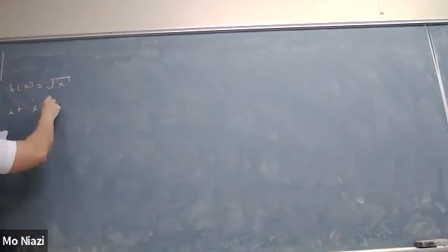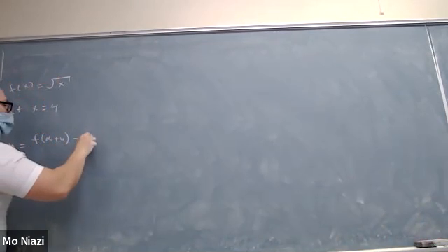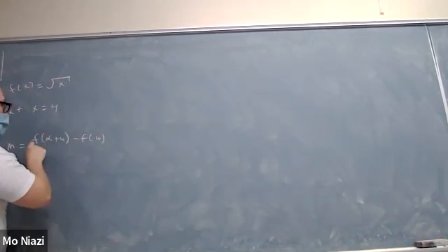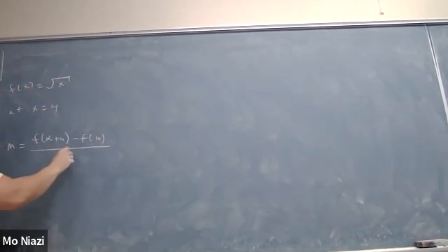Find the equation of the tangent line to the function at 4. Okay, so m is equal to f of 4 plus alpha minus f of 4, all over alpha.